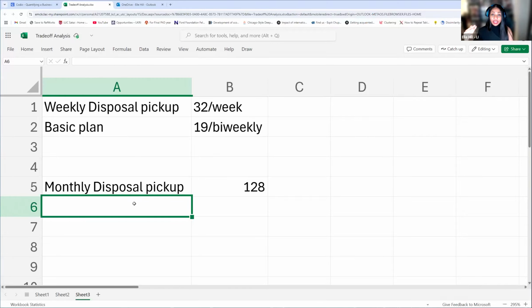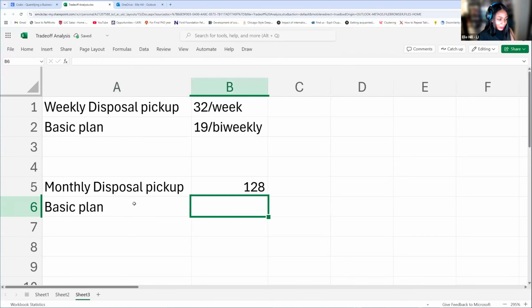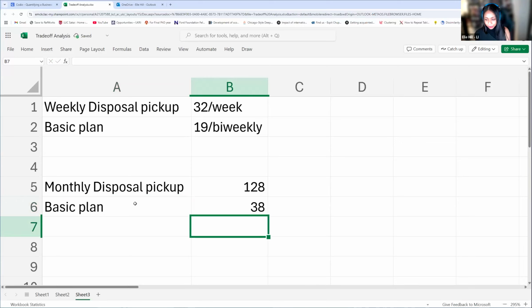Because we're skipping a week, so we're doing every other week. So we only have to pay this twice. So this is going to be amazing, as you're all saying. 19 times 2, just in case you want to see me show my work. 19 times 2, that's going to be 38.